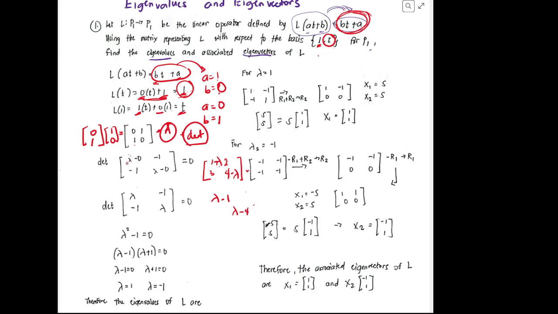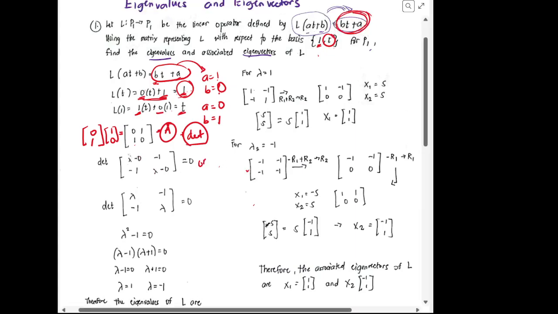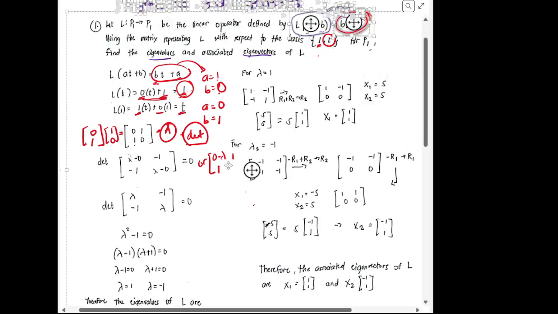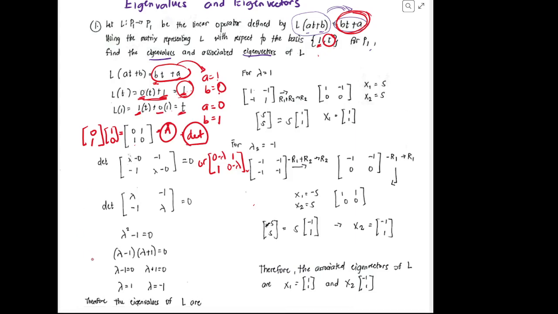So that is now lambda minus 0 and lambda minus 0. Either of these, when you get the determinant, you will still derive the same characteristic equation.